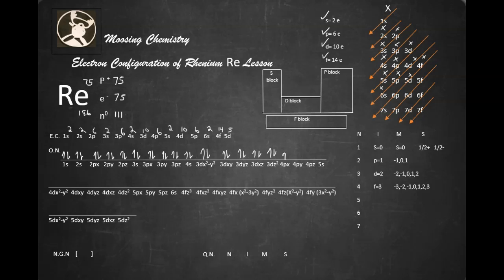And then 4px, 4py, 4pz, working just great. 5s up and down. And then we're just going to do these. Gotta love it. Up arrows, then we have the down arrows.